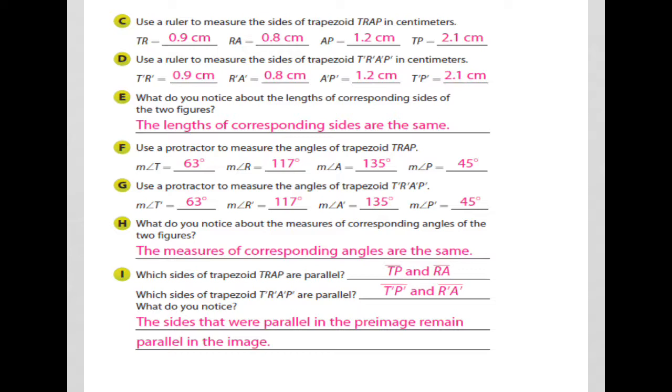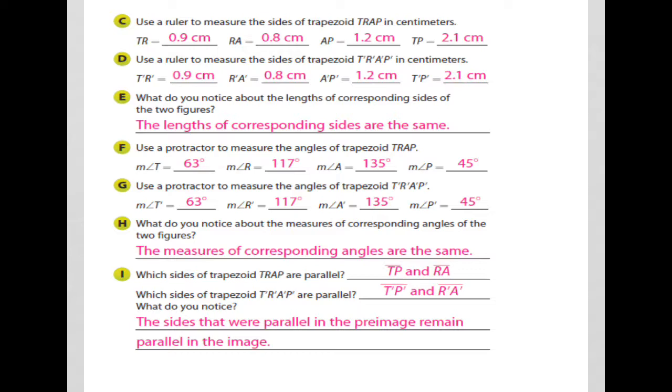Then it asks us to use a protractor to measure the angles of the trapezoid. So the measure of angle T is 63 degrees. The measure of angle R is 117 degrees, so that's going to give us our straight line here, 180.